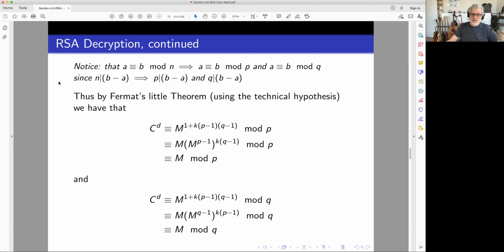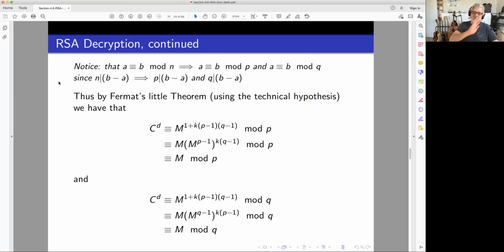The whole thing is symmetric. If you do exactly the same computation, but using Q instead of P, you will find that C to the power D is congruent to big M mod Q. I understand that if you've never seen this before, which is probably the case, it's not so obvious what I'm doing. But if you spend some time reading this with paper and pencil, it's not hard.